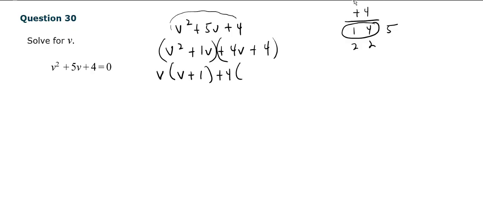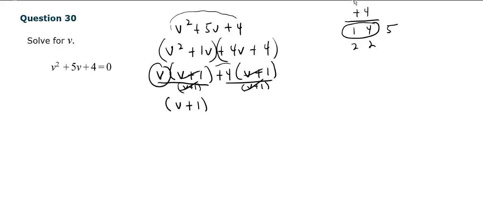And when I divide positive 4 out of each, it should also give me, and it does, v plus 1. So the greatest common factor is v plus 1. And remember, we're going to divide that out of each term. And that's going to leave me with v plus 4.